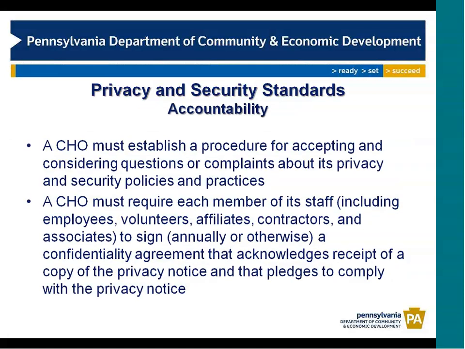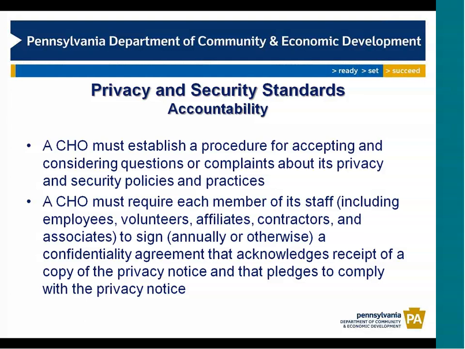Accountability, this is the final of the 6 privacy components. A CHO must establish a procedure for accepting and considering questions or complaints about its privacy and security policies and practices. A CHO must require each member of its staff, including employees, volunteers, affiliates, contractors, and associates, to sign annually or otherwise a confidential agreement that acknowledges receipt of a copy of the privacy notices and pledges to comply with the privacy notice.